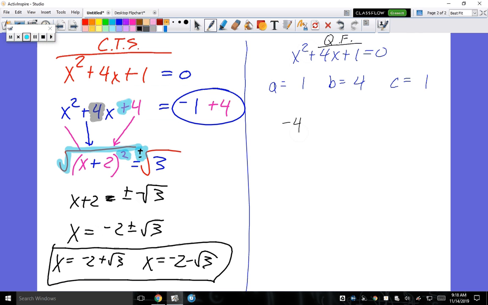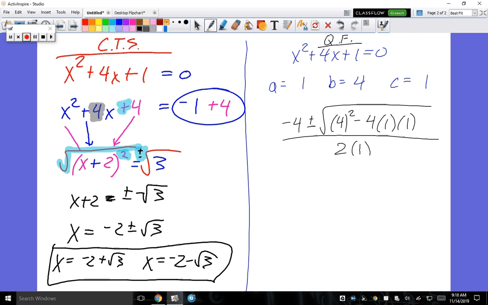Negative 4 plus or minus the square root of 4 squared minus 4 times 1 times 1, right? Okay. Gabby, from there, what should I approach?